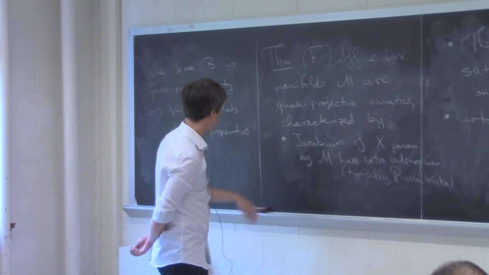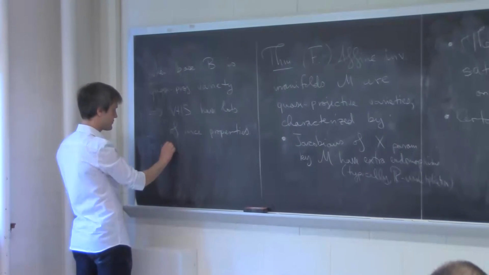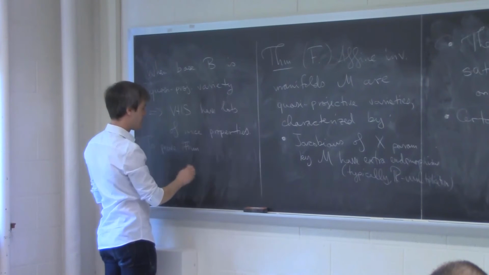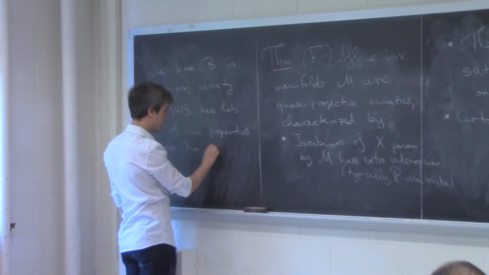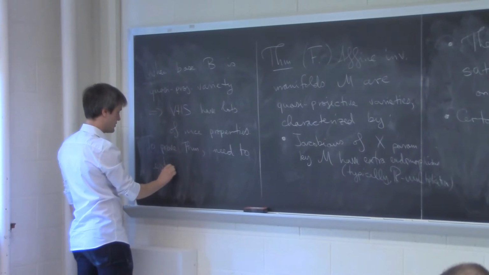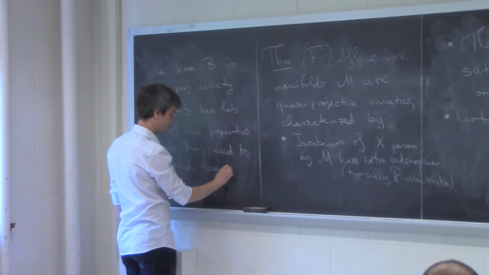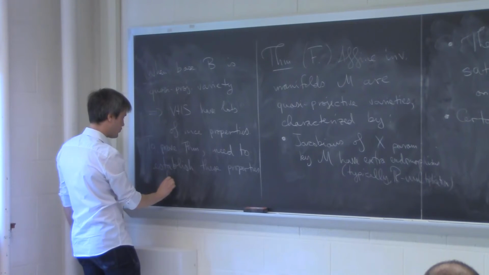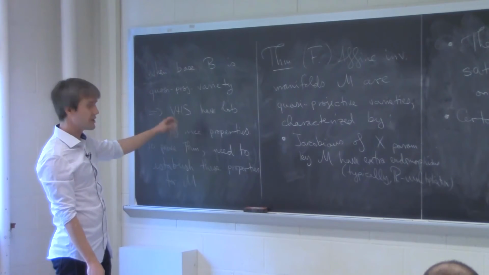To prove the theorem, what you need is to establish these properties for M without knowing that it's a quasi-projective variety.